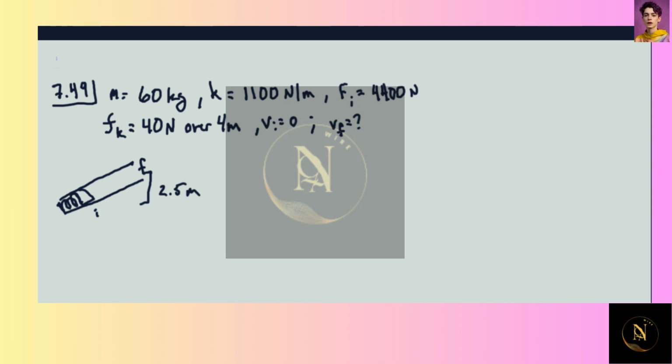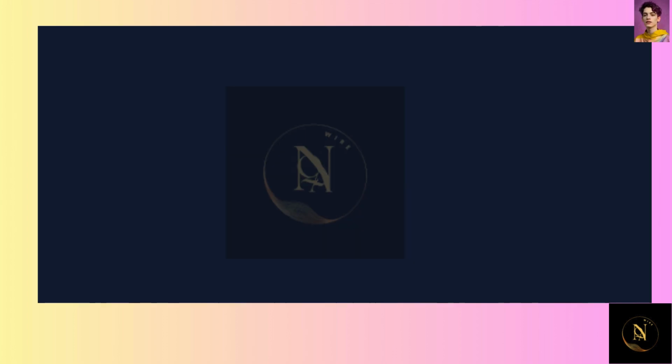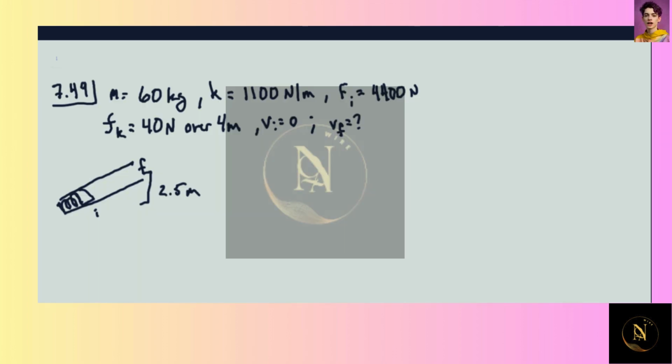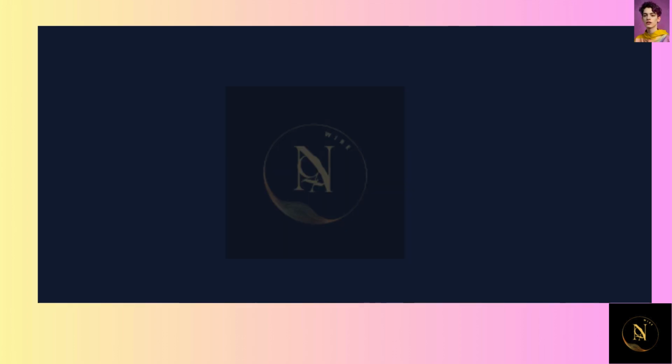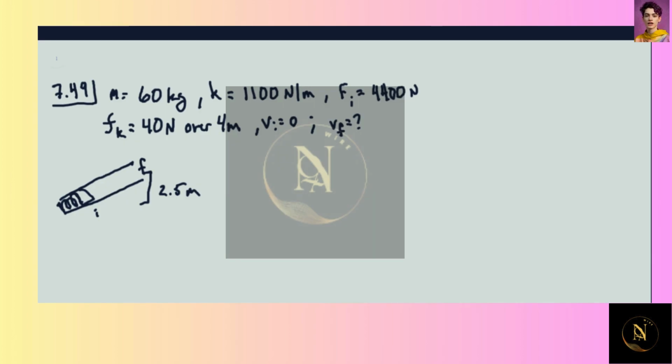So this is a conservation of energy problem. It's just a little bit involved, but nothing that we aren't prepared to do. So in order to use the conservation of energy, of course, we're first going to want to know what the energy stored in this spring is, which requires knowing how far it's compressed.